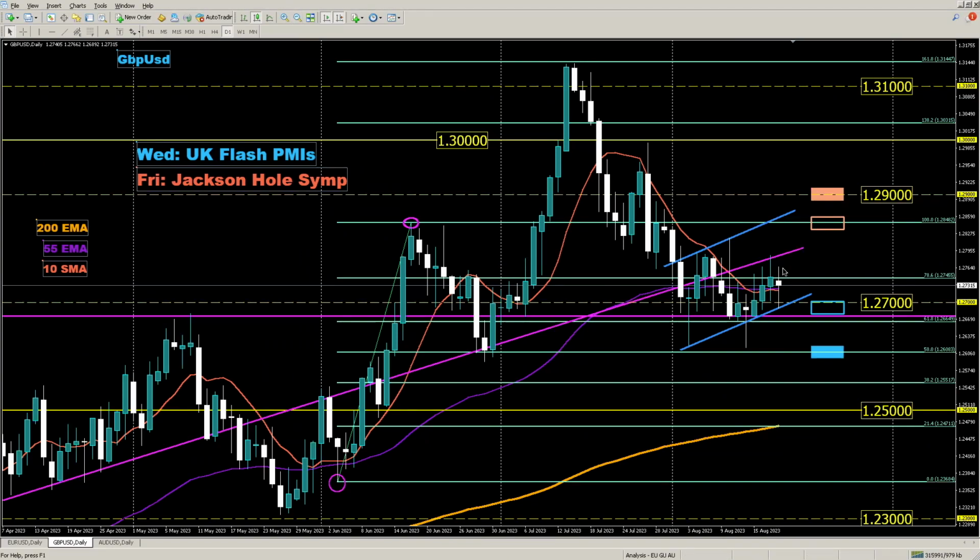And it needs to recover back above this trend line to test the previous swing high. Now, if it gets rejected here at this swing high, that could be a danger sign as well, with a potential head and shoulders formation, which could drive it down lower.